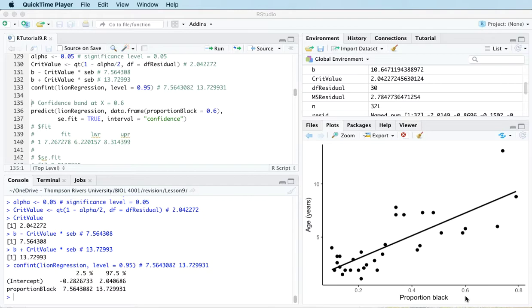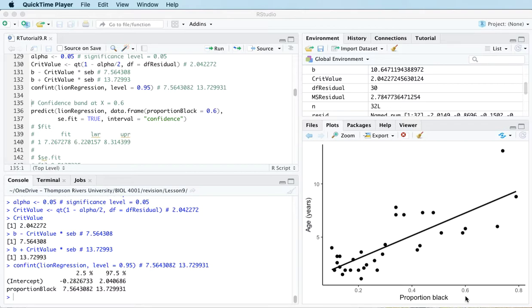So think of the entire population of lions, and in particular here we're looking at male lions in Tanzania. So think about the entire collection of male lions in Tanzania, and think about the subset of that population of lions who have a proportion of black pigmentation in their nose that's equal to 0.6.